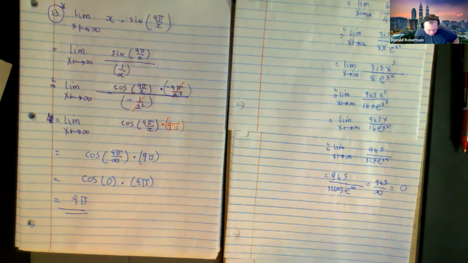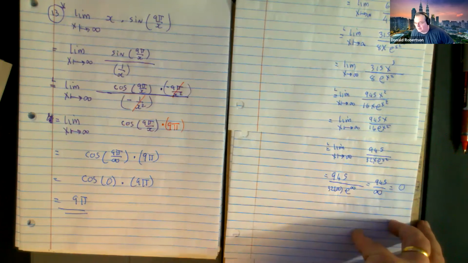So all that hard work to find out the answer was just 0. I think I should recategorize this one as really, really ugly. But it did have an answer.